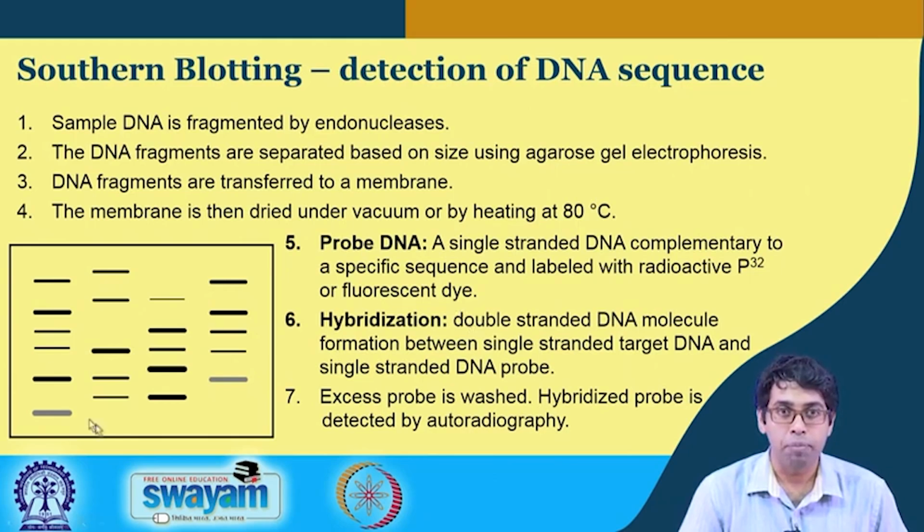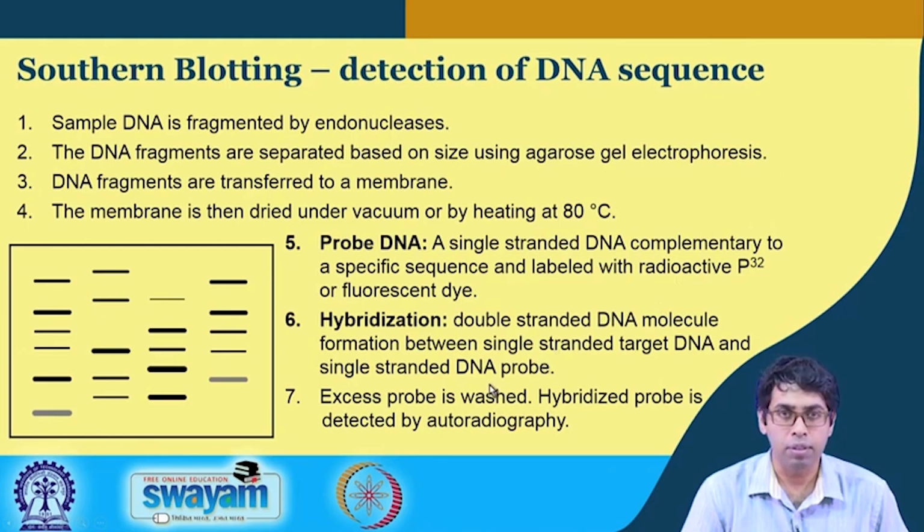We have our sample DNA on the membrane. We add the probe DNA onto that membrane and allow hybridization. So it will form a double stranded DNA molecule between the single stranded target DNA which is on the membrane and the single stranded probe DNA which we have added, and it also carries the label for detection.